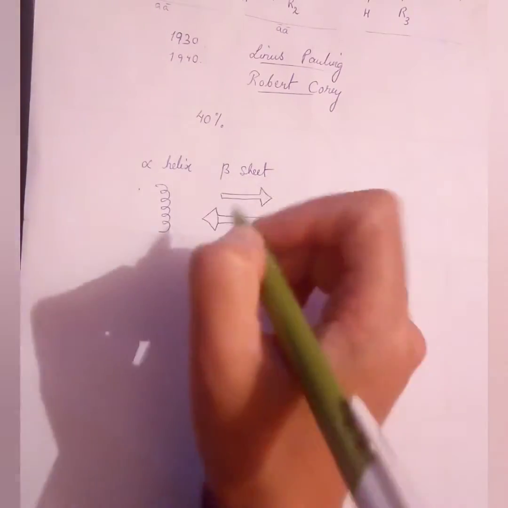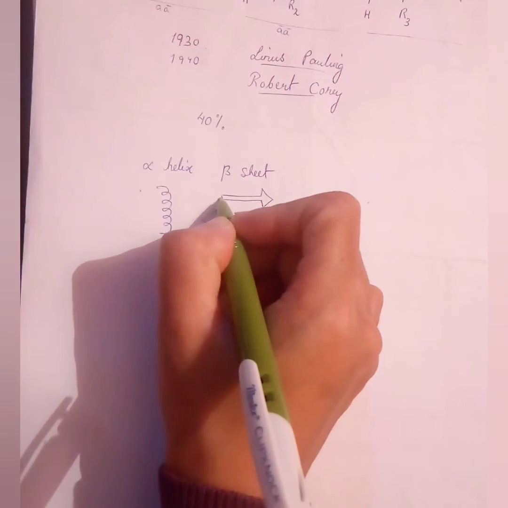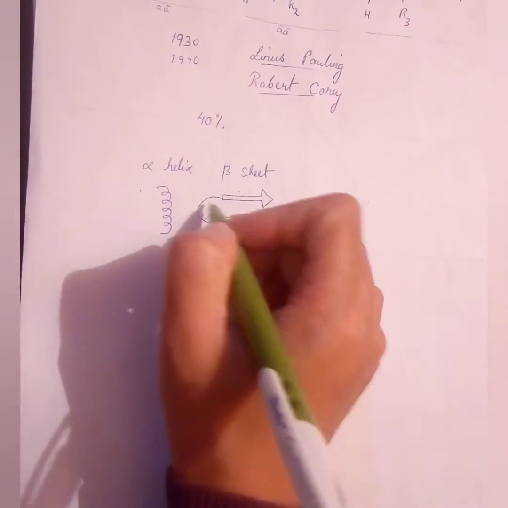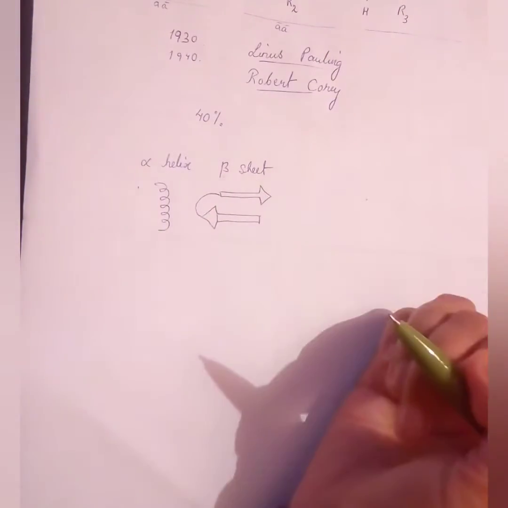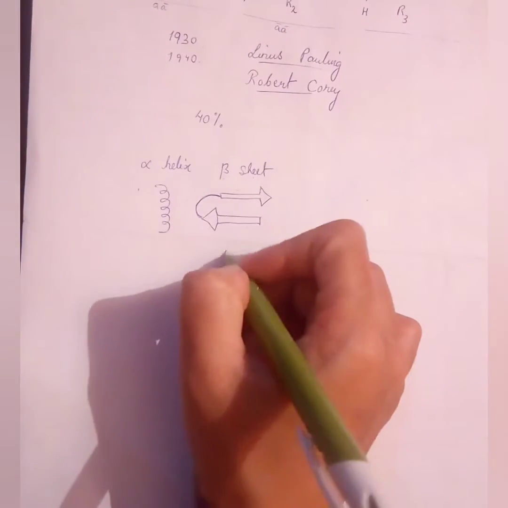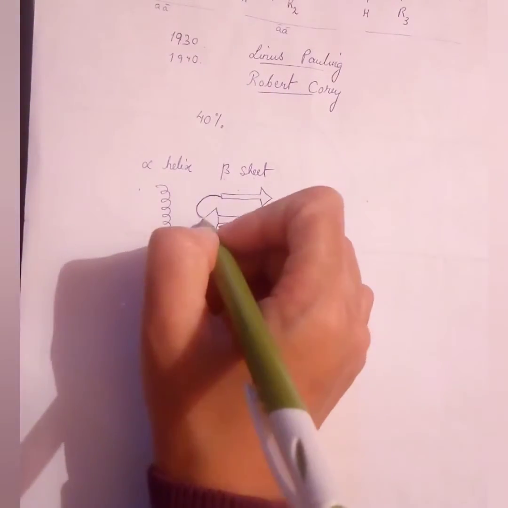I'm just giving examples. We have beta sheets which are arranged either parallel to each other or anti-parallel like this one, and there will be another structure termed beta bends which will connect these sheets.